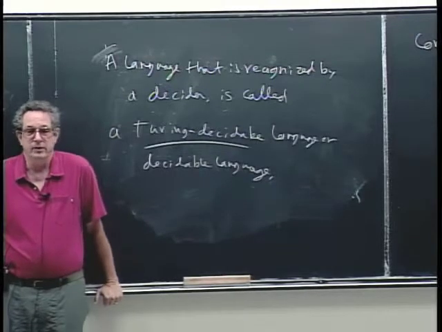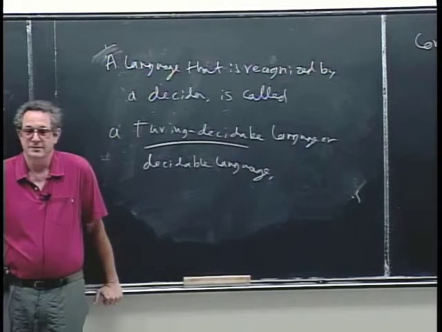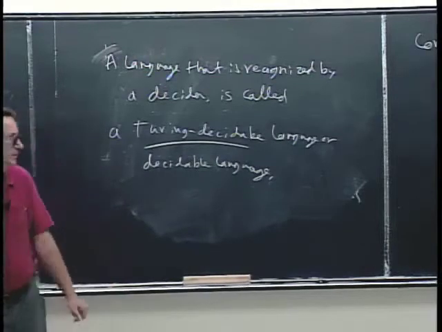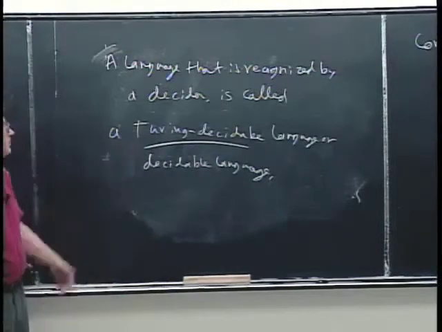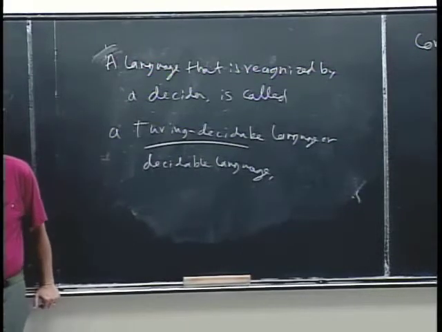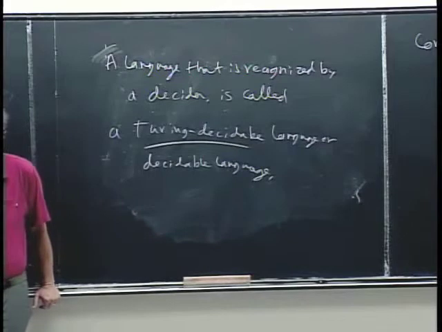Which one would you rather have? Which is the good guy and which is the bad guy? If you have a particular language, would you rather it be Turing decidable or just recognizable by some Turing machine? Decidable. Decidable is definitely a good property, okay?